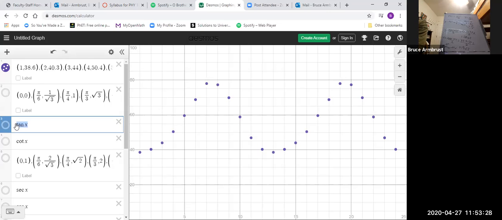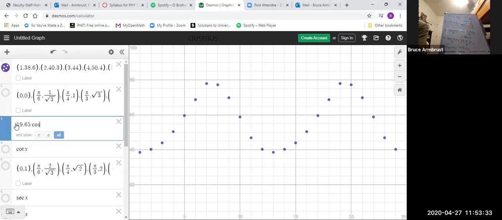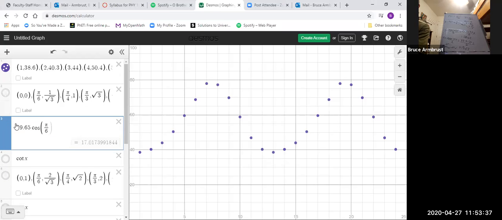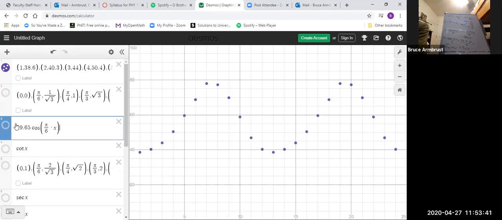So let's go 19.65 cosine of pi divided by 6 times x plus, oops, it's not 19.65, it's 58.25.